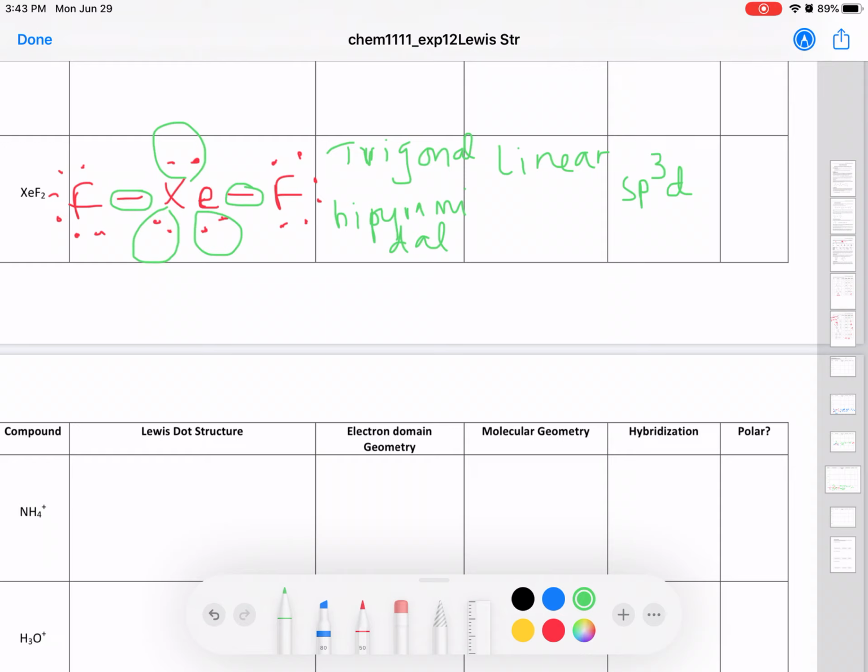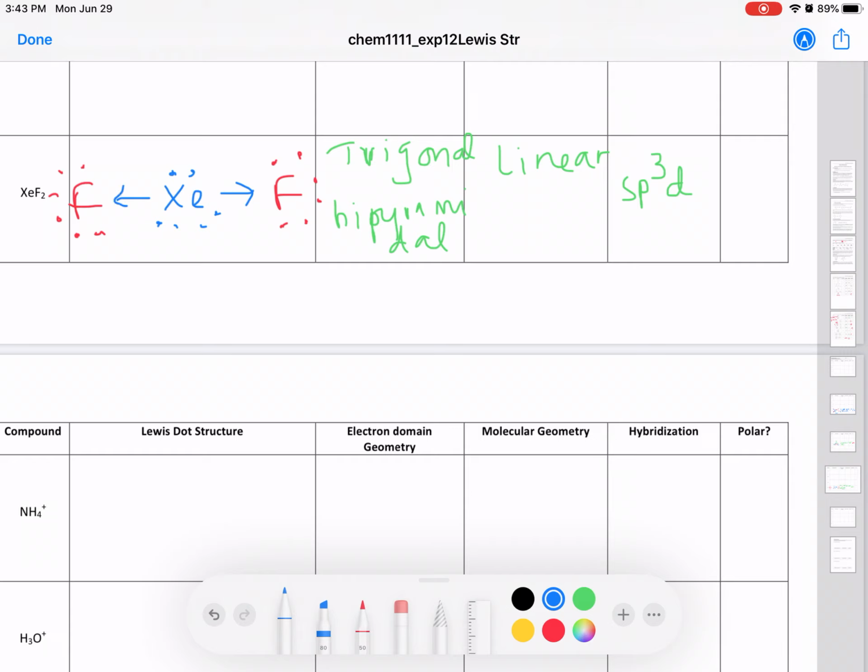So fluorine is more polar compared to xenon. So in this molecule, you will see polar bonds. Okay, Xe in the center, fluorine, right? So here there is a bond polarity.